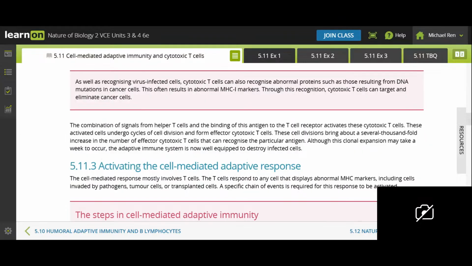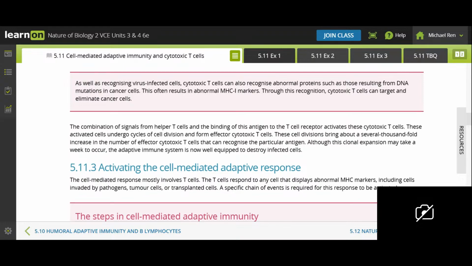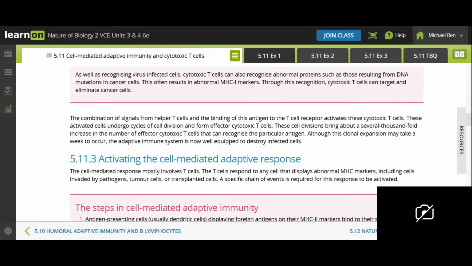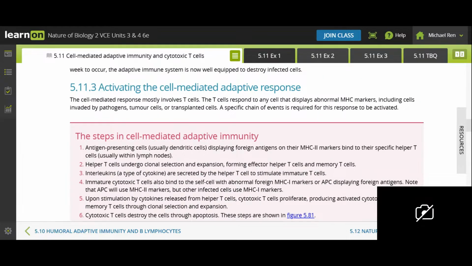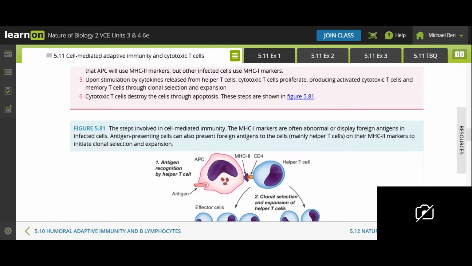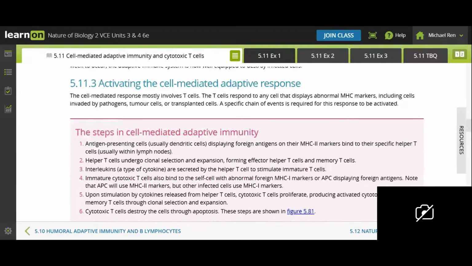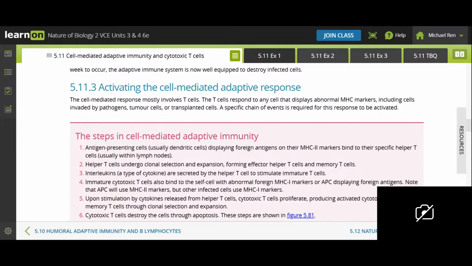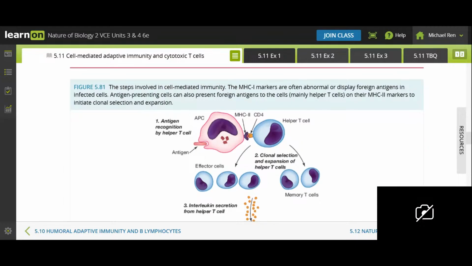Yeah, so cell media interested in the threats. Any cell that does not have an MHC1 marker or has an abnormal MHC1 marker, dead. These are usually infected cells and tumor cells. The process of how they kill is rather different than usual.